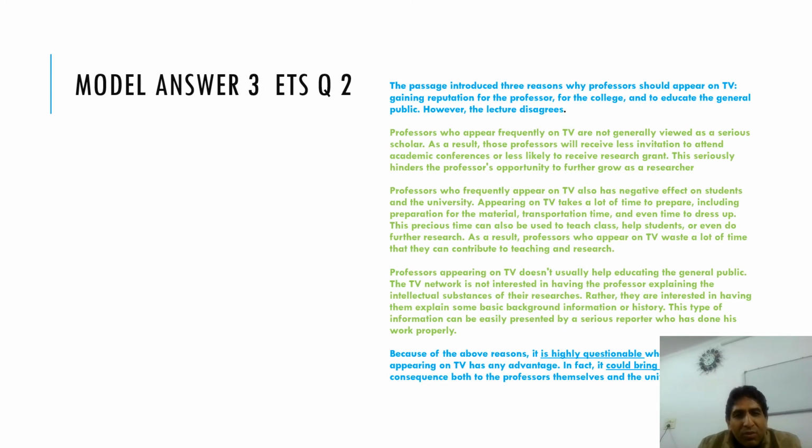Here there is one more example, which is from question number 2 from ETS, where there is a discussion about professors and whether they should appear on TV or not. So the structure followed here is, first we have just mentioned a small paragraph talking about what the author or the written passage says, and then one by one all those 3 points are discussed.